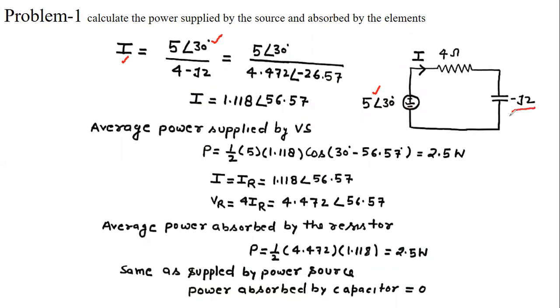One point to remember: whenever we show a capacitor, it is always represented with minus j of some constant.